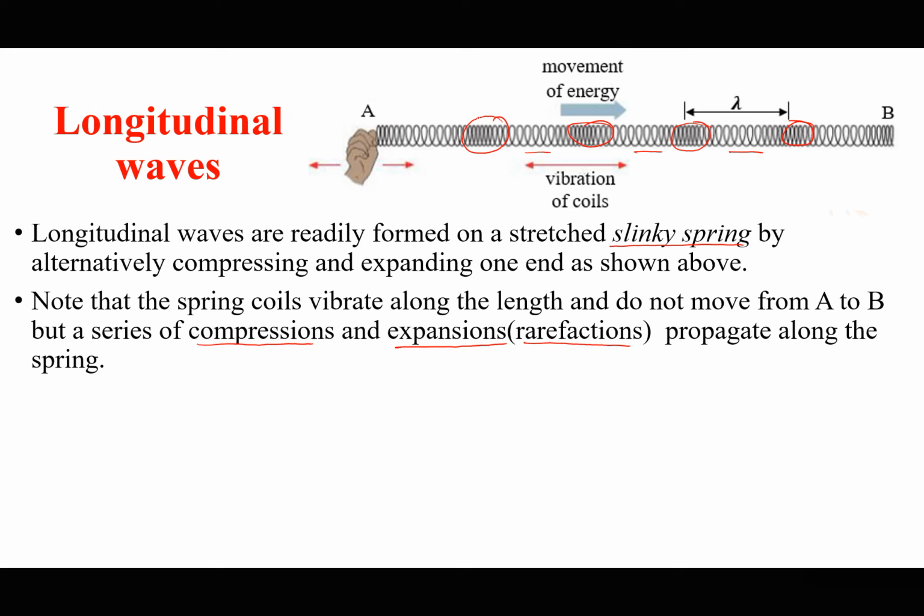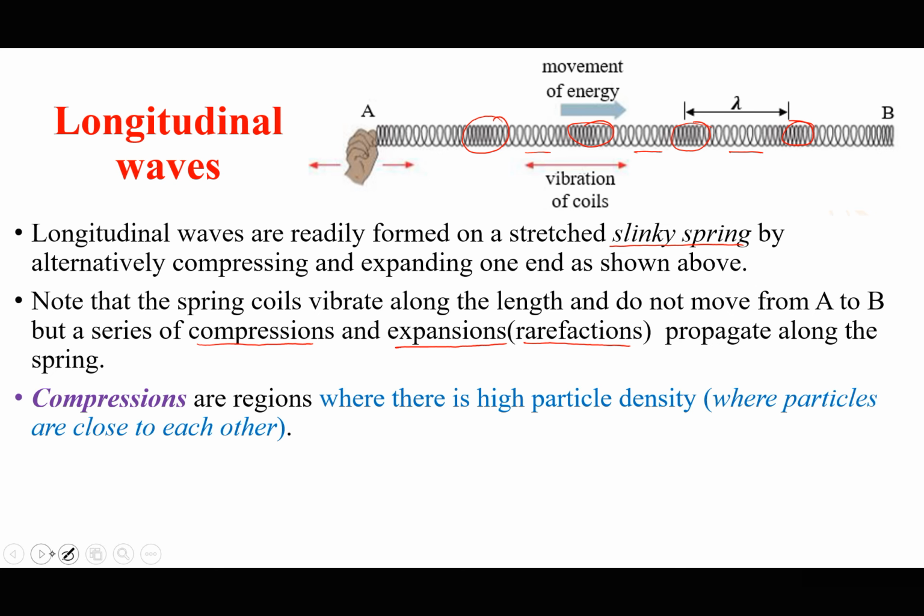In the laboratory, you can tie a ribbon onto the coils and see energy propagating from the left to the right, but you'll see the ribbon just oscillating about the same point. So the compressions and rarefactions propagate from A to B, but the coils themselves do not move from A to B.